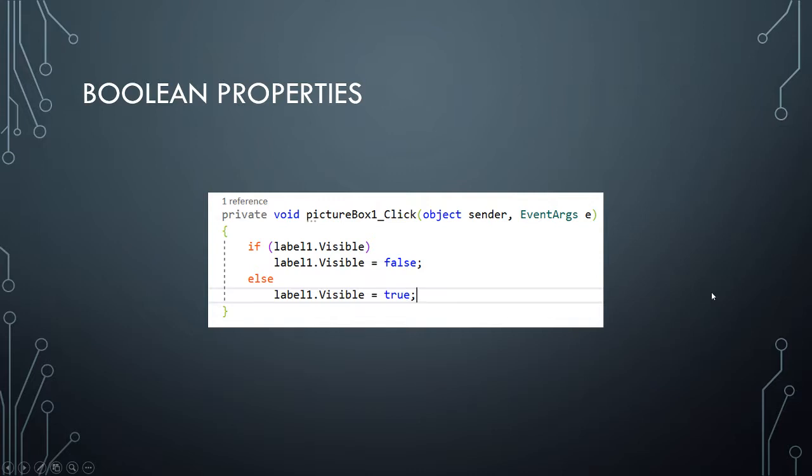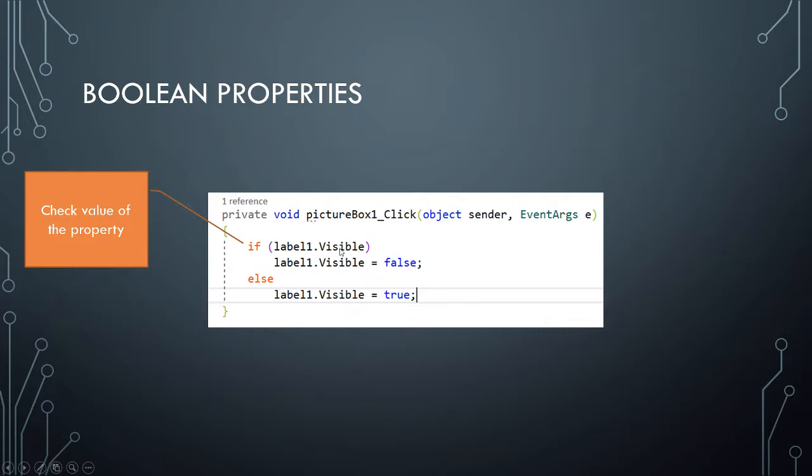Now, looking at it further in depth as a Boolean, we could do an if statement checking the value of that visible property of our label. So we could say if the label is visible, make it false. Otherwise, make it true. What we would be doing in this if statement is using that property as a Boolean.